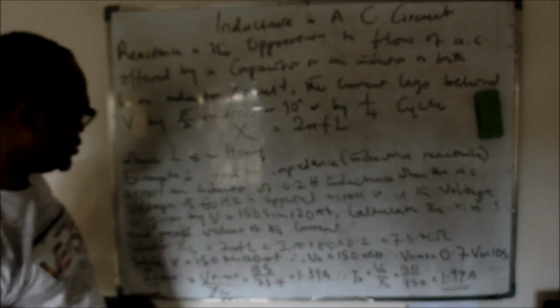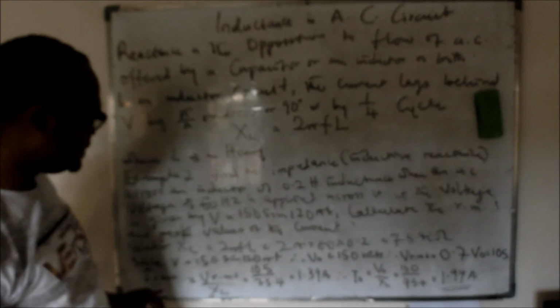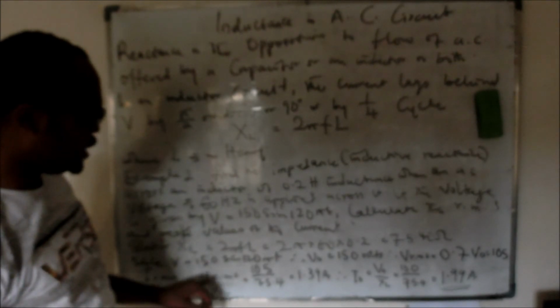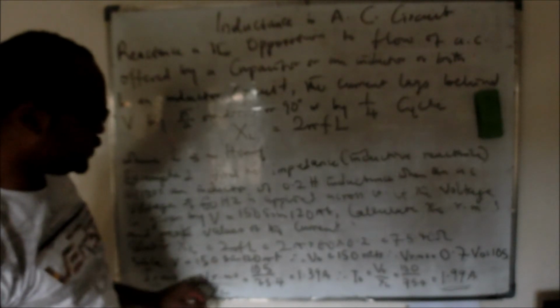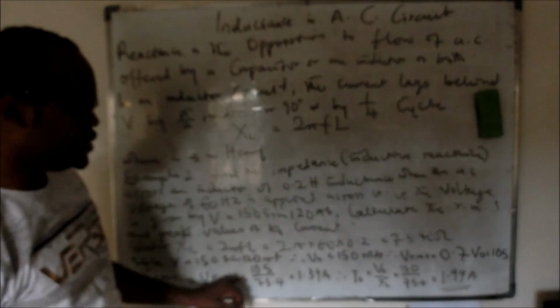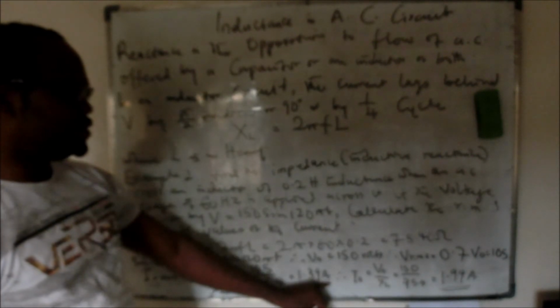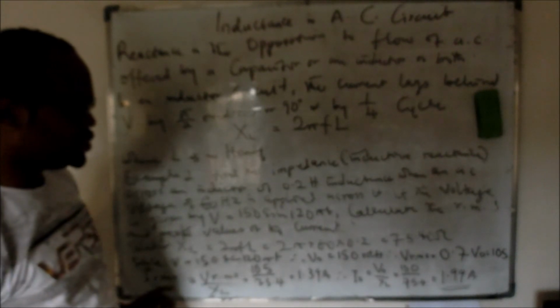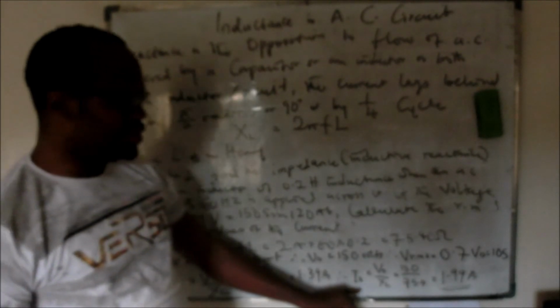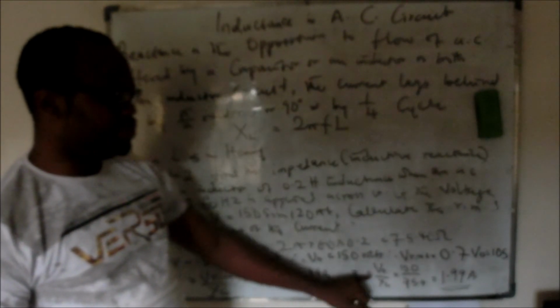So now, to calculate the root mean square value of the current, it is V root mean square over XL, which is 105 over 75.4 to give us 1.38. So this is the root mean square current.